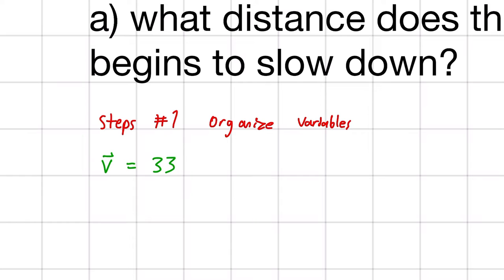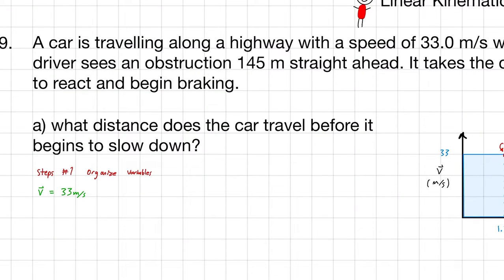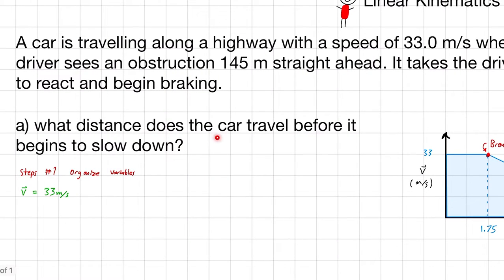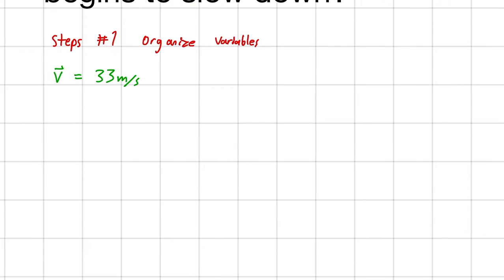So we have a velocity of 33 meters per second. And what distance does the car travel before it begins to slow down? We need a time. We're traveling at a certain speed, but for how long? Well, the reaction time of the driver is 1.75 seconds. So the time is 1.75 seconds.